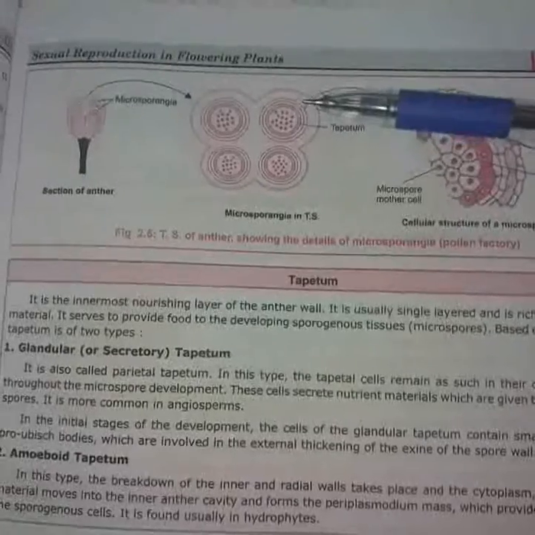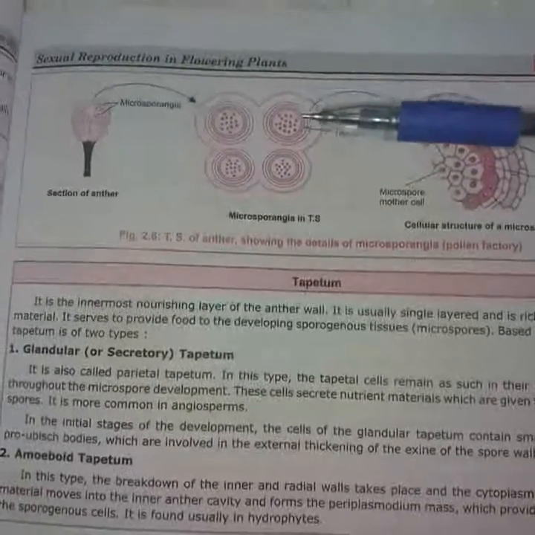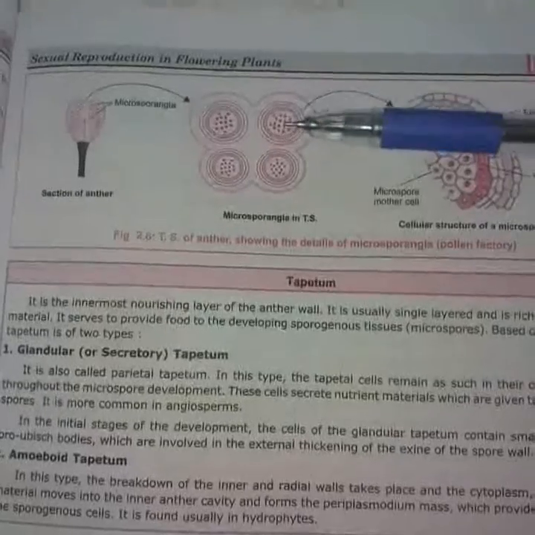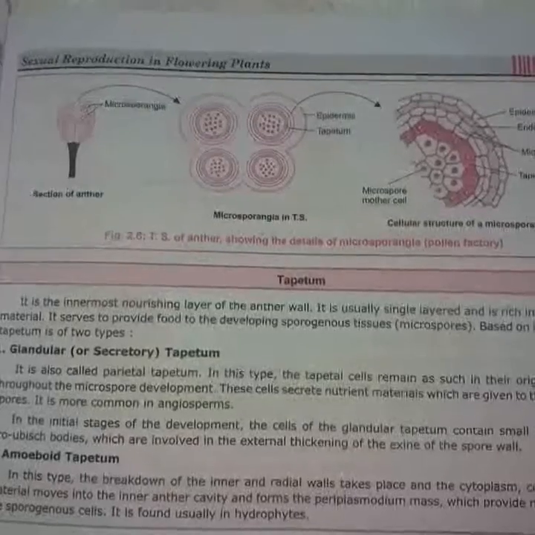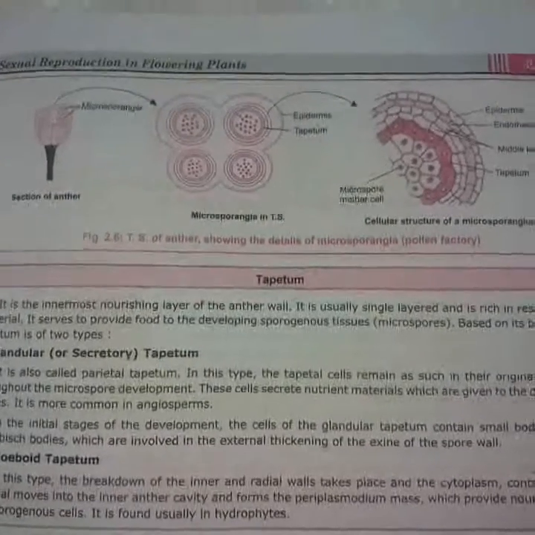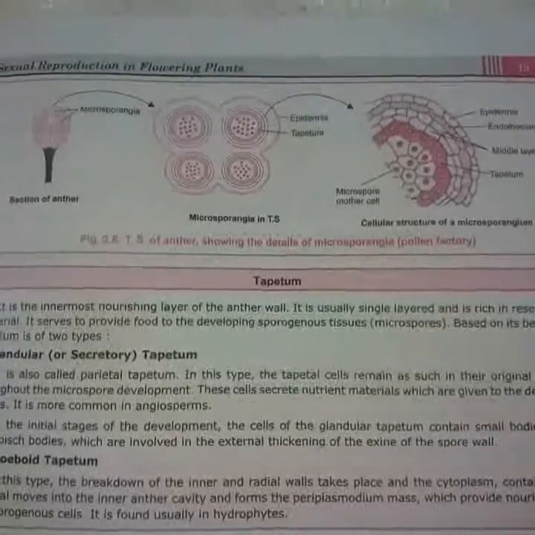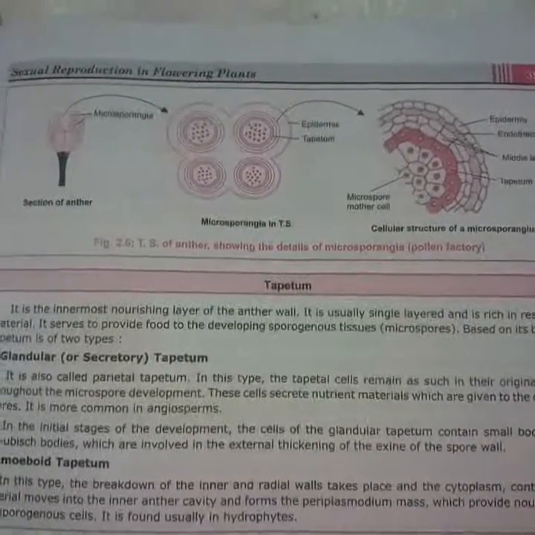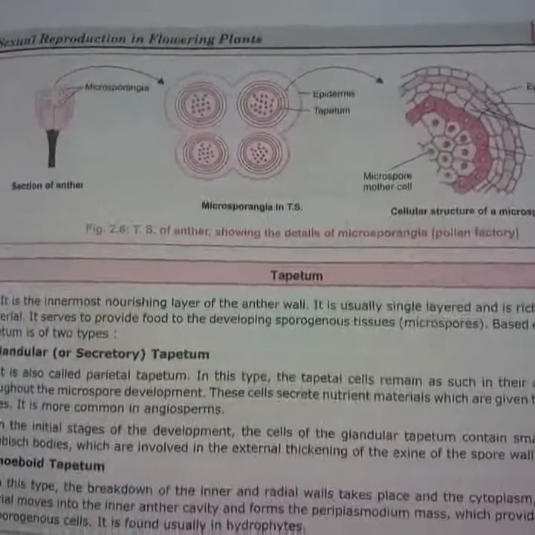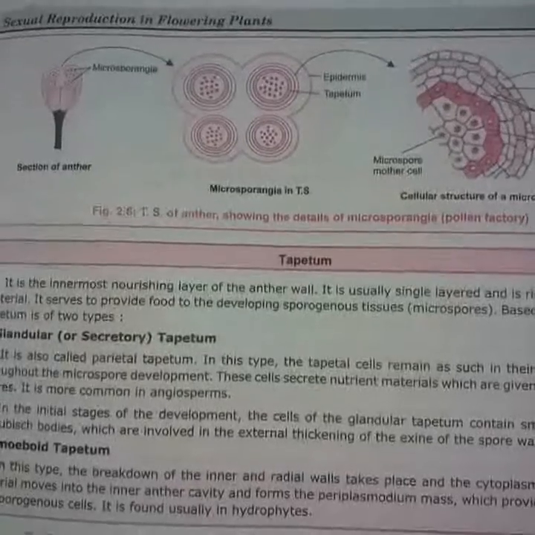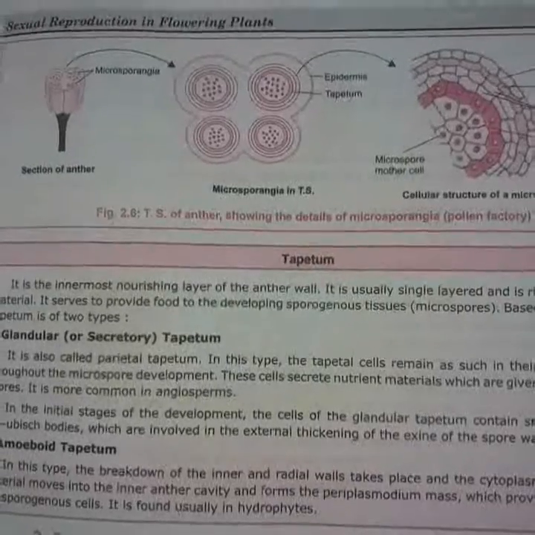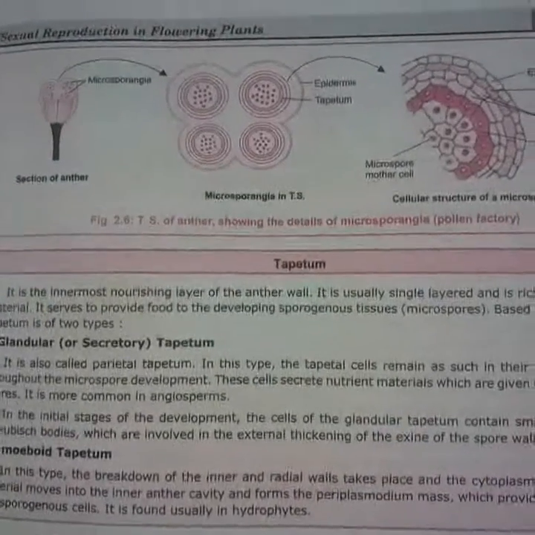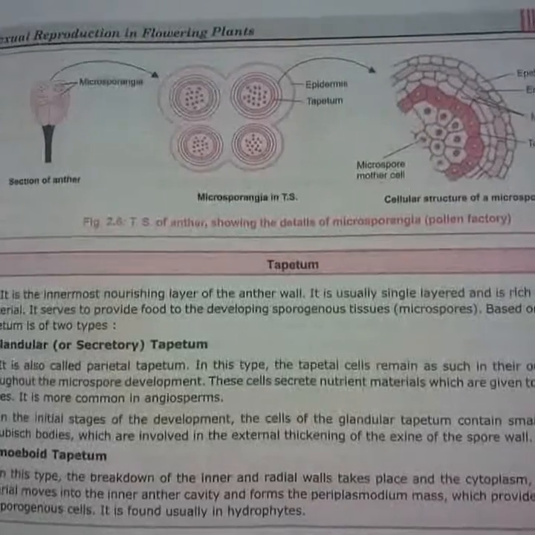It is usually single layered and rich in reserve food materials, which provide food for the developing sporogenous tissues or microspores. Because microspores are living cells, they need nutrients, and the tapetum provides the microspores with nutrients.